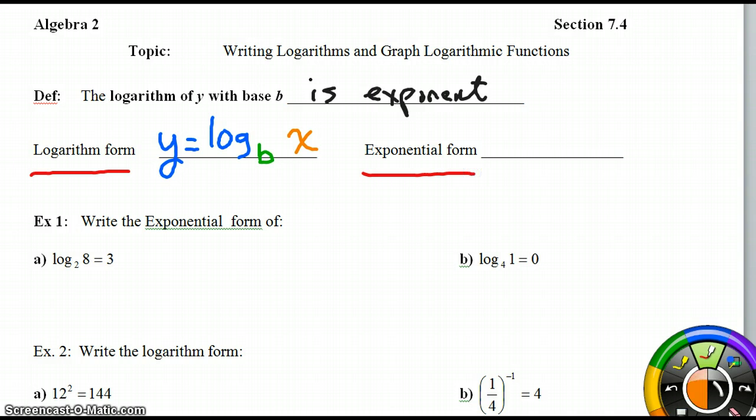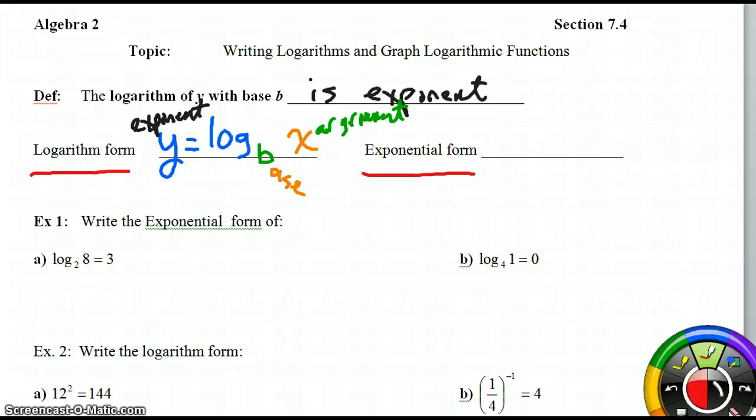So what do each of these stand for? b stands for base. x is what we call the argument. y, I don't know, that's what we just call it. And if you think of this y, think of this as the exponent. Okay. So watch when we translate a logarithm into an exponential function.